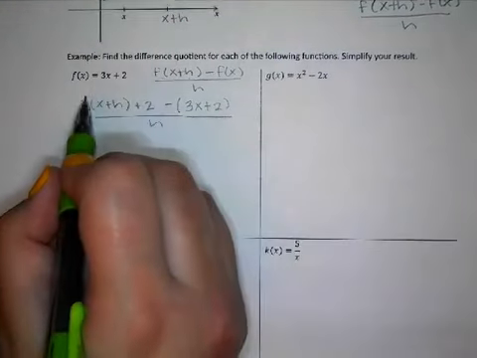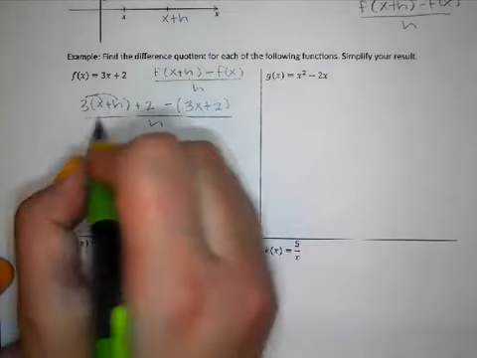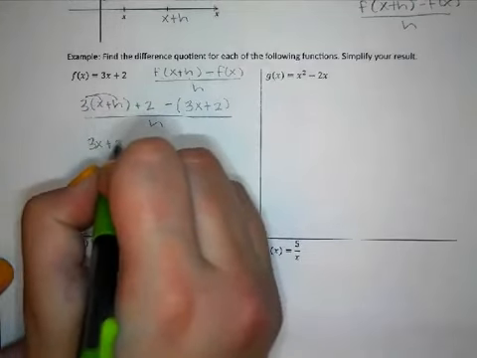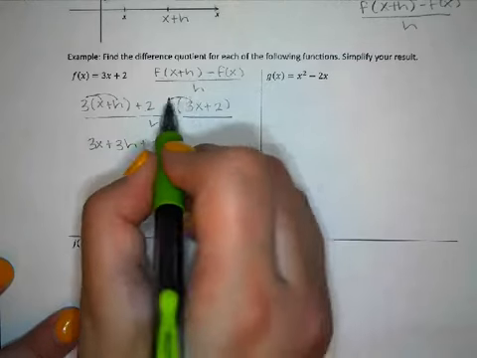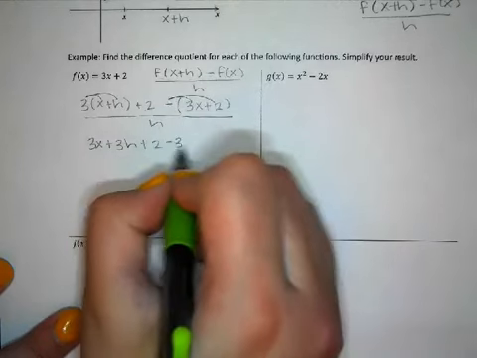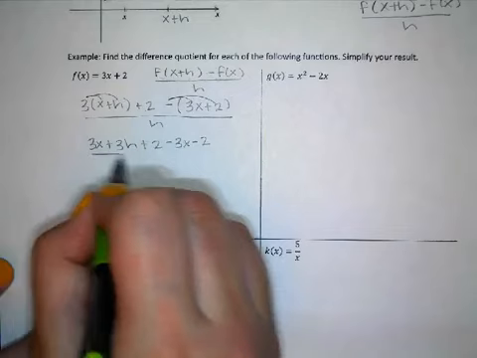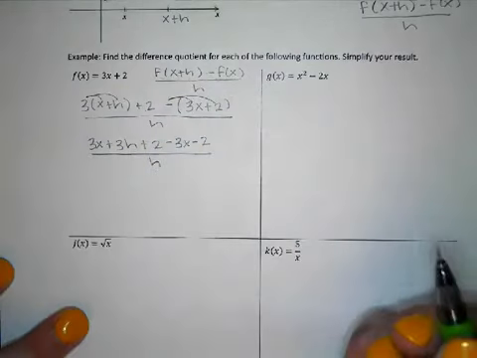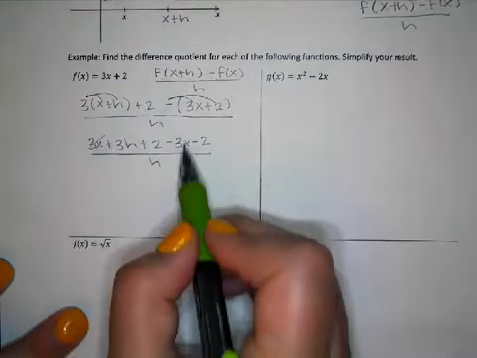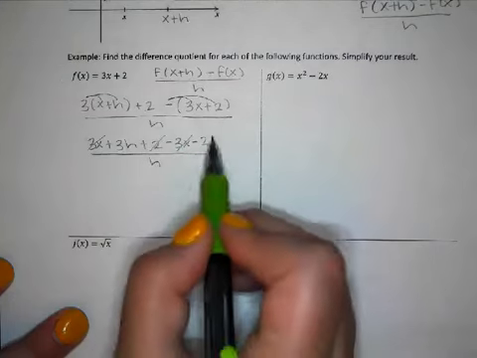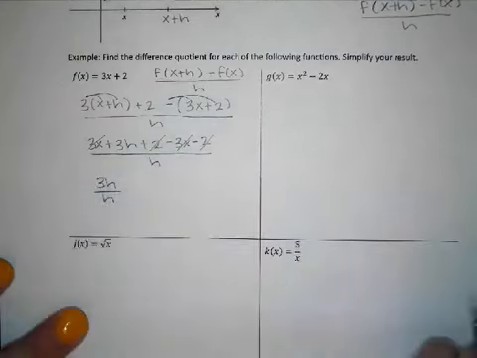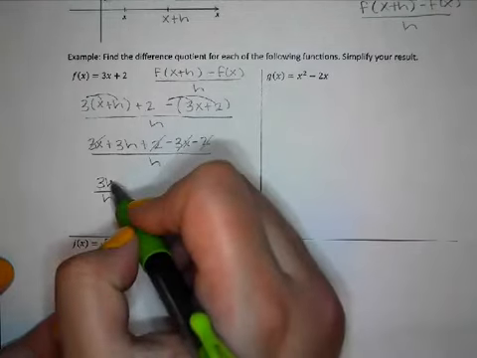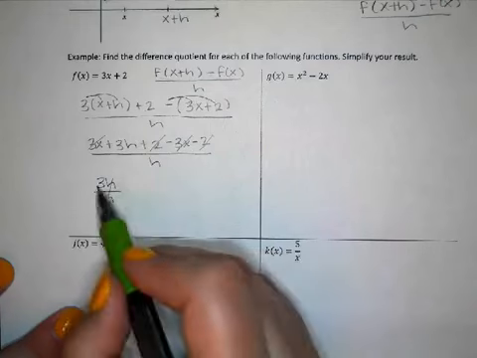So 3x plus 3h plus 2 minus 3x minus 2, divided by h. So your 3x's cancel, your 2's cancel, and you're left with 3h over h. And h divided by h is just 1. And 3 times 1 is just 3.